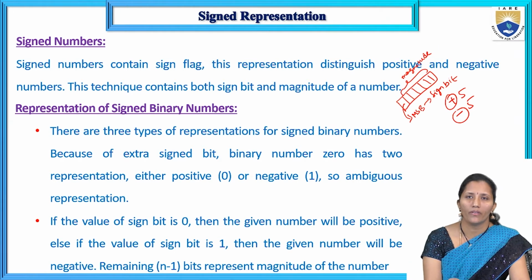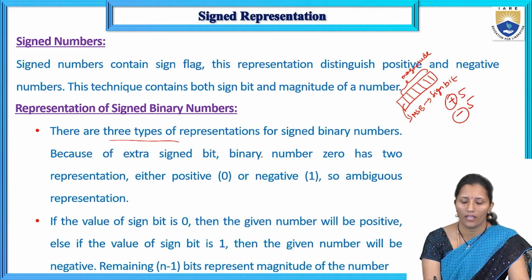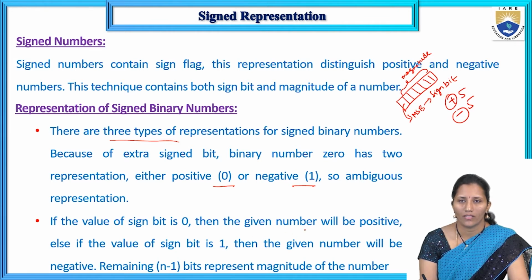There are 3 types of representation for signed binary numbers. Because of the extra sign bit, binary number 0 has 2 representations: positive for 0, negative for 1. If the value of the sign bit is 0, then the given number will be positive.